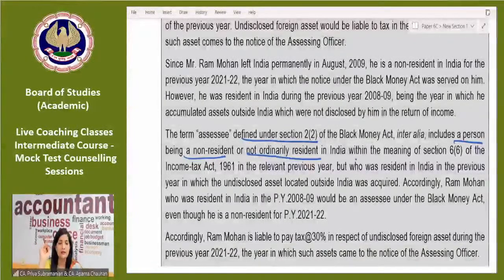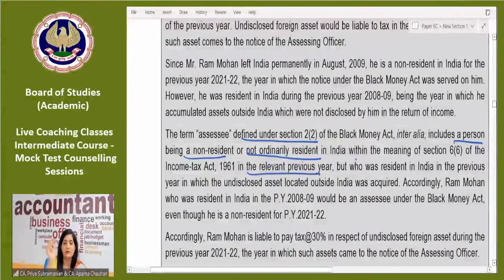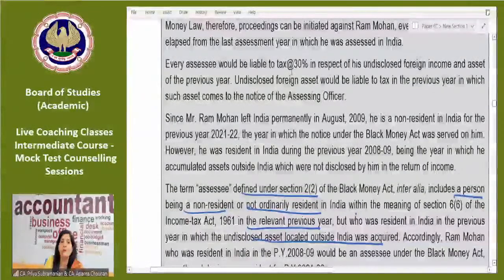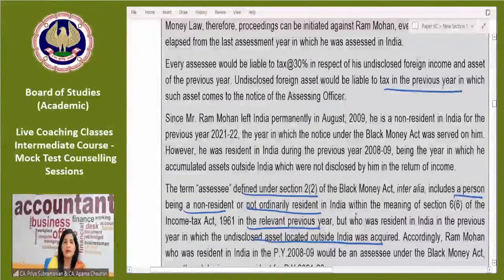If it is a person non-resident or not ordinary resident in India in the relevant previous year, but who was resident in India in the previous year in which the undisclosed asset located outside India was acquired, then the undisclosed asset would be liable to tax in the previous year in which such asset comes to the notice of the AO.